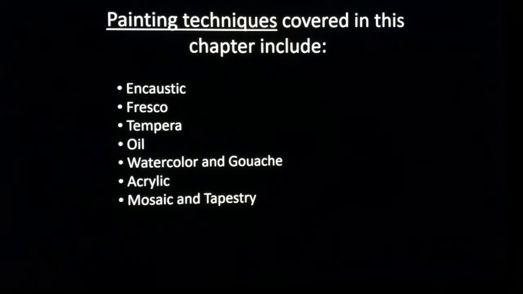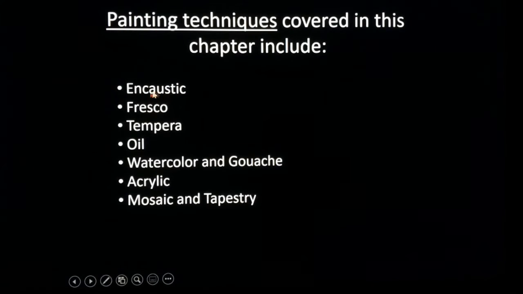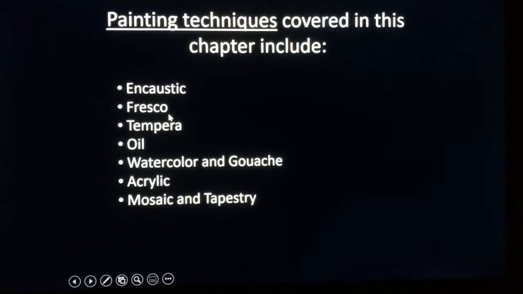So remember, like with encaustic, the one at the top, we were mixing wax as the binder with a pigment and then applying that liquid wax to our surface. Whereas fresco, we're using plaster as the binder and we're mixing pigment into that and then applying it to a wall. Tempera is the one that was using egg to be able to mix your pigment into and then apply that to the surface.